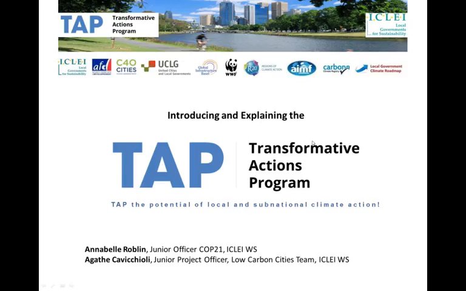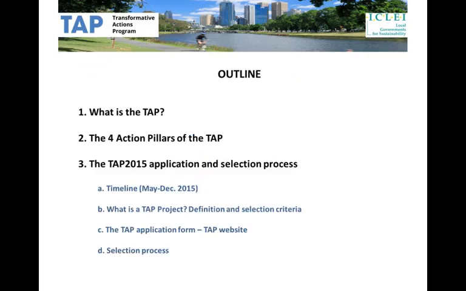Thank you, Louisa. So let's get started then. This is the outline of today's webinar. There will be two main stages. First of all, 20 to 25 minute presentations where we will take you through the TAP, introducing and explaining it. That is, first of all, the concept, its meaning for ICLEI's work and strategy.